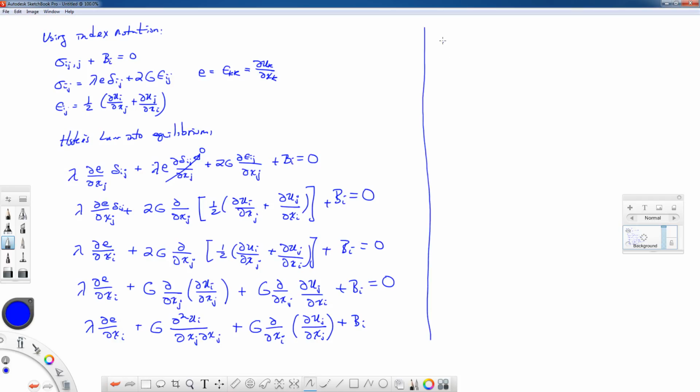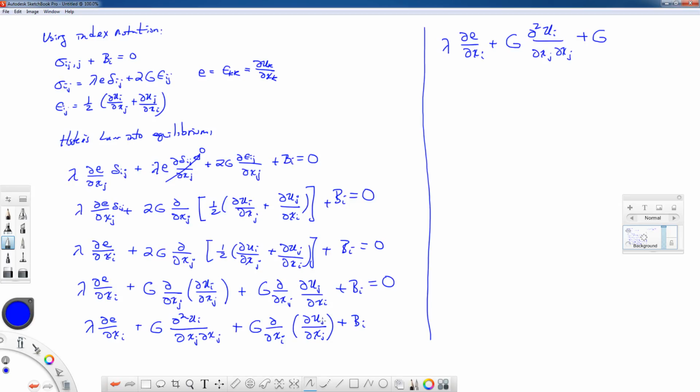I have lambda times the partial of e with respect to xi, plus g times the second partial of ui with respect to xj and xj, an implied summation. And then on this term I have g, and you see we have the partial of uj with respect to xj. Those are 3 terms.